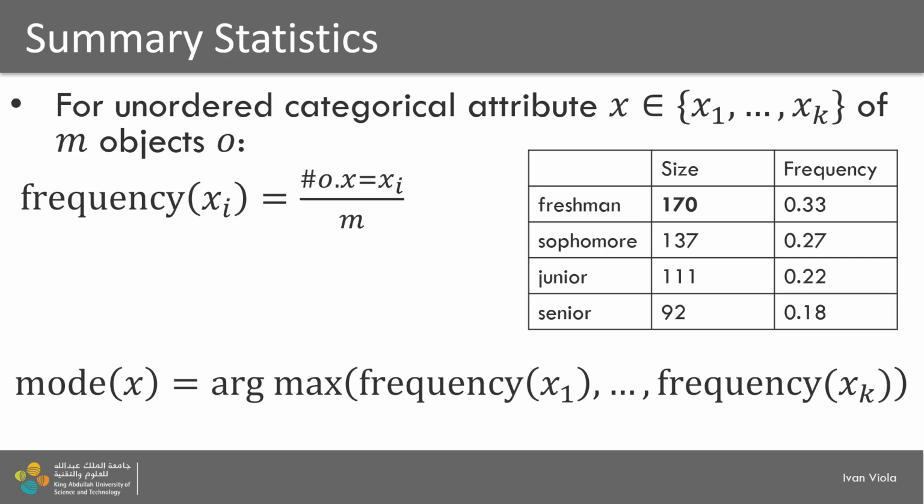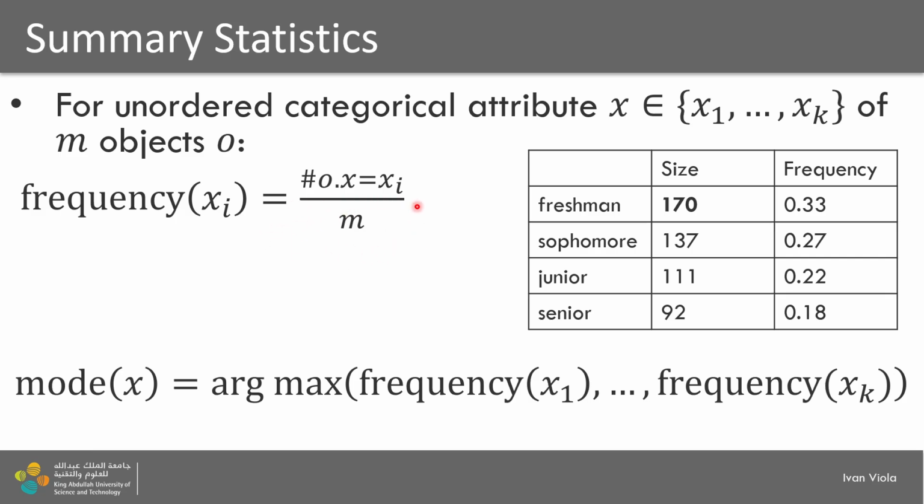So for an unordered categorical attribute x, which can have values x1 to xk, of m objects O, we can define the frequency of a certain attribute value to be the number of objects having this value of that attribute divided by the whole set of objects.